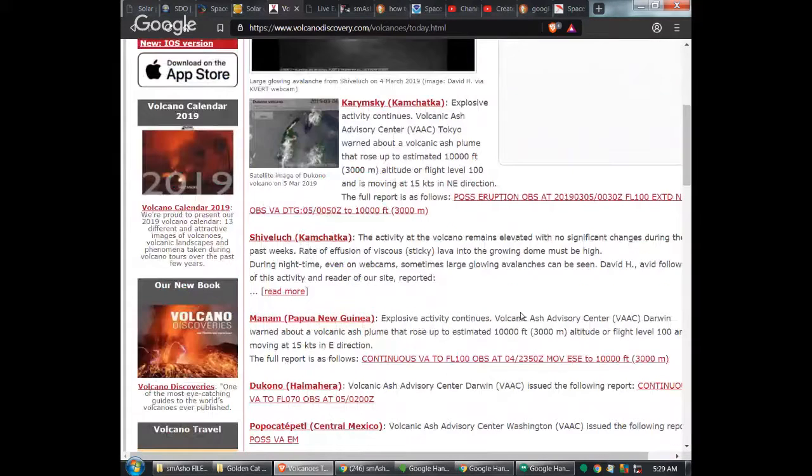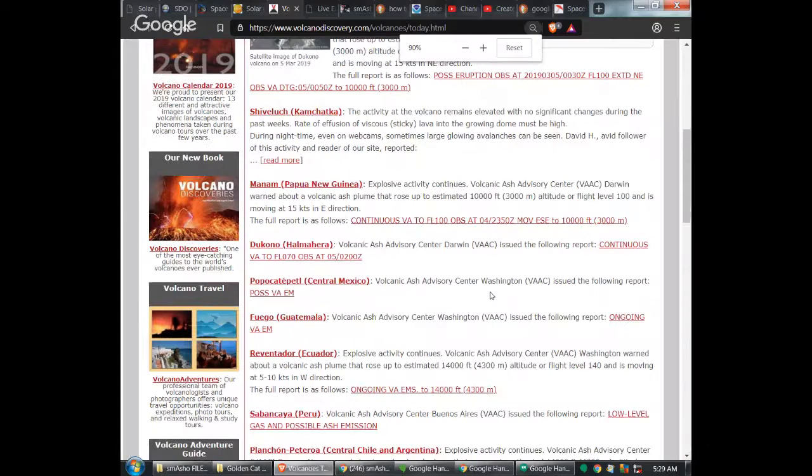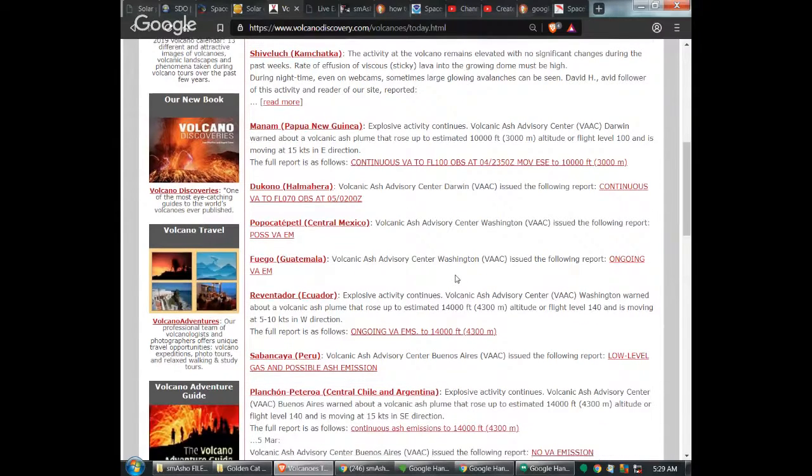So Karymsky, we've got explosive activity going on there, producing a 10,000-foot ash plume. Shiveluch, activity remains elevated with no significant changes, producing viscous lava. Mount Manam, explosive activity continuing there also, 10,000-foot ash plume. So it looks like a volcanic uptick a bit here.